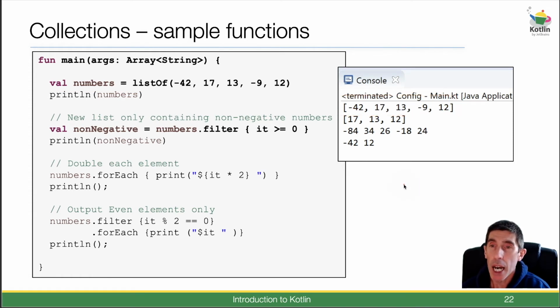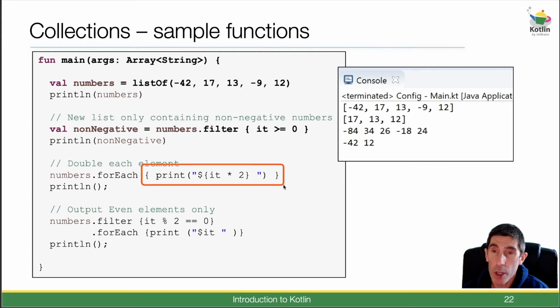We can then filter a list. We're using our filter higher order function, filtering on greater than. There's our lambda expression, filtering every element which is greater than or equal to 0. And then we print that as non-negative. So there's our 17, 13, and 12. That's that one there. We can then use a forEach on those numbers. Another expression.